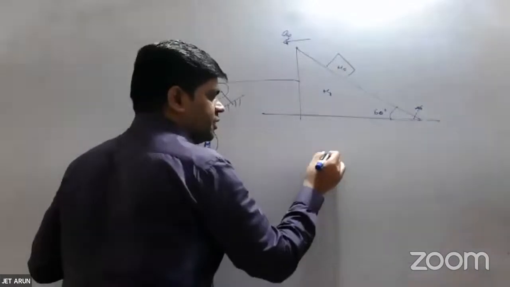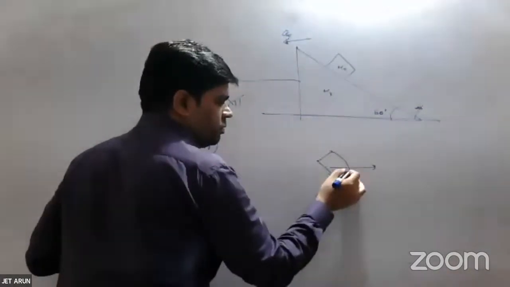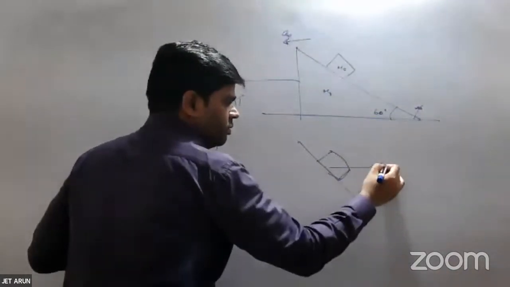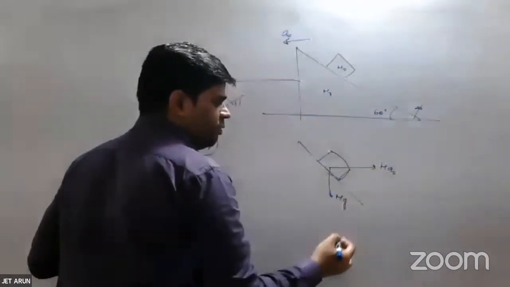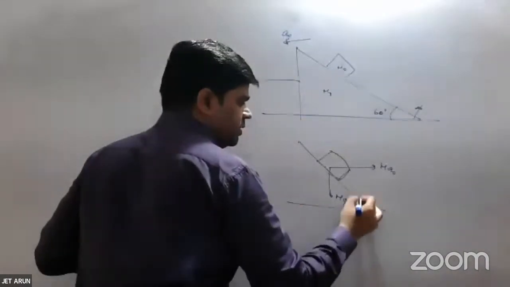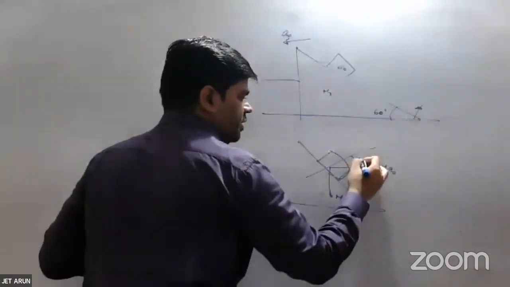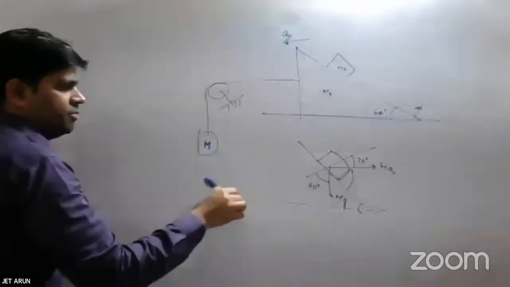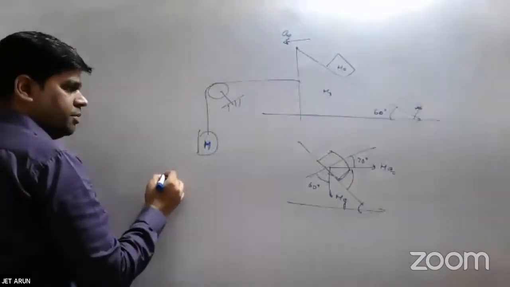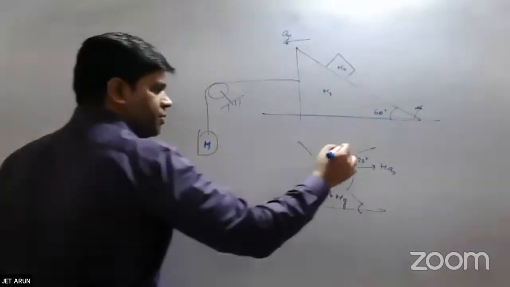So pseudo force is towards right, m a naught. mg is vertically downwards. This is 60 degrees, so this is 60, this is 30, and this is 60. So I've got mg cos 60. N is equal to 0, right?